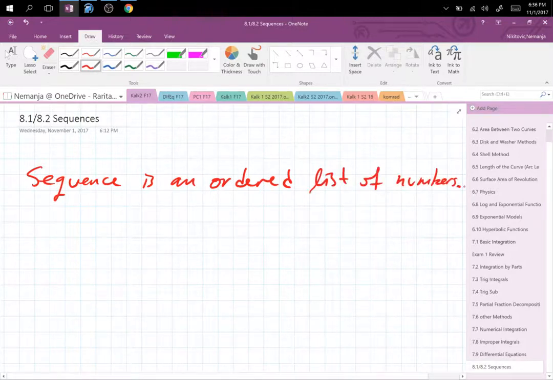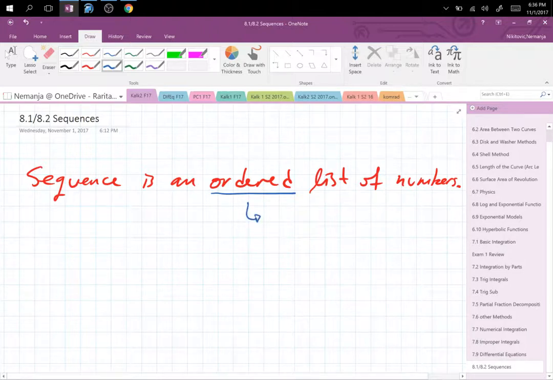I don't want to say set, because a set could contain people and elephants and trees and desks. This is a list of numbers. It is a set, but the elements must be numbers. And the very important word is ordered. You can't put whatever in there. There has to be some kind of order.